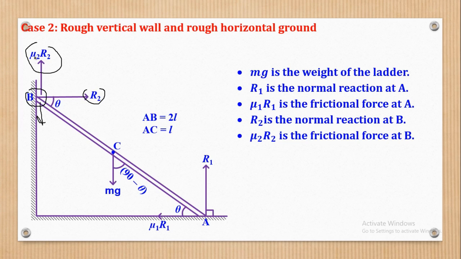So mu2 is the coefficient of friction between the ladder and the vertical wall, and mu1 is the coefficient of friction between the ladder and the horizontal ground. Then R1 is the normal reaction at the ground, and R2 is the normal reaction at the vertical wall. So basically, those are the forces which should be shown in the case where the vertical wall is rough and the horizontal ground is also rough.